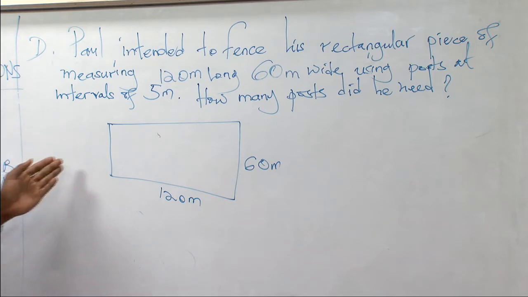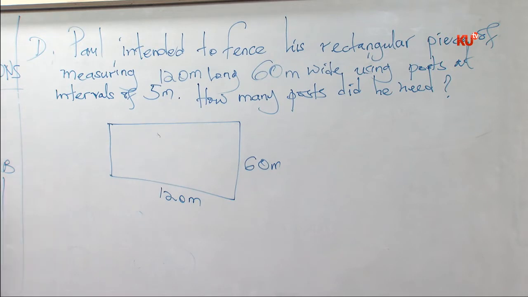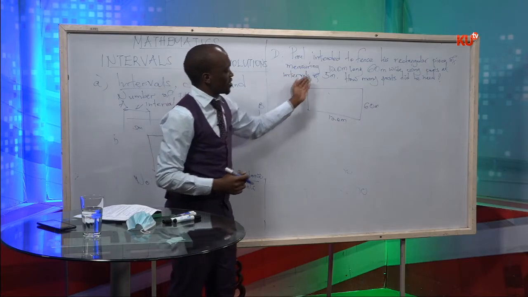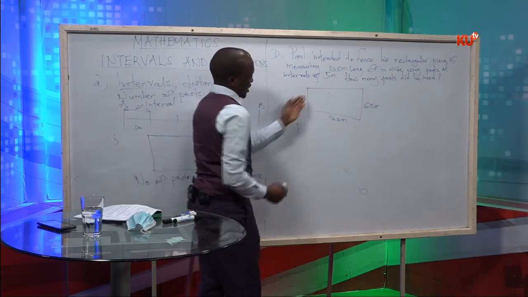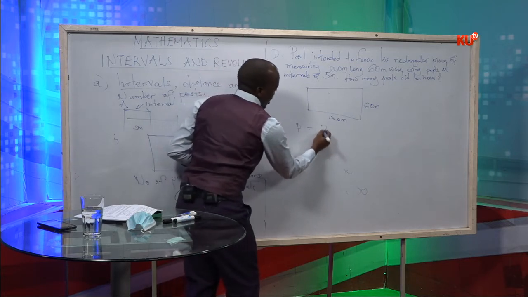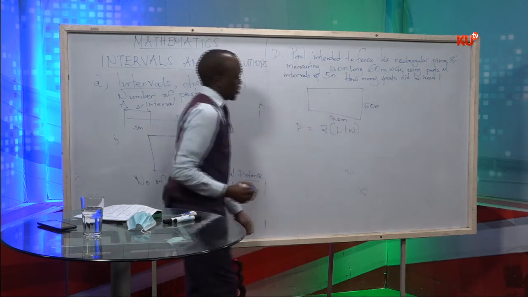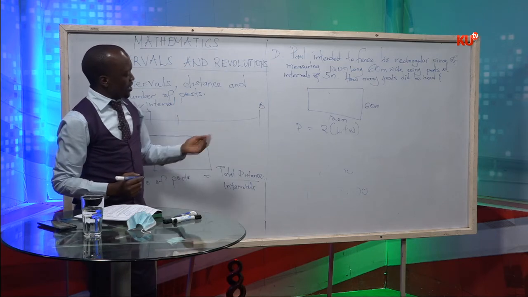To get the number of posts needed here, we have to work out the total distance around that figure. Finding the total distance around this figure would be finding the perimeter. Perimeter is the distance around an object. So we shall first find the perimeter. We know that this is a rectangle. Perimeter of a rectangle is equal to 2 into length plus width, 2(L + W).